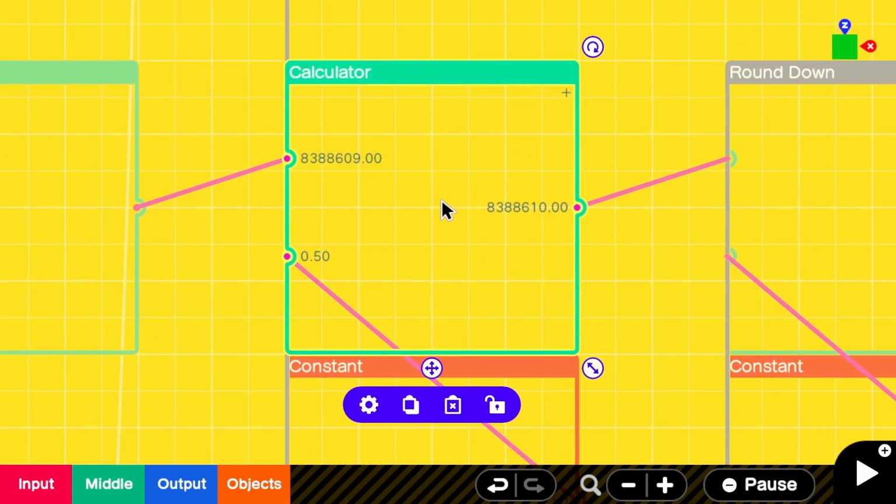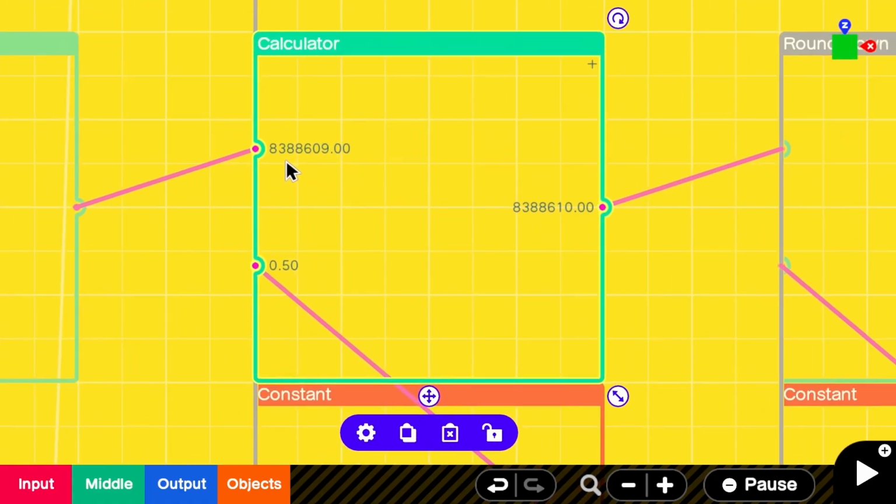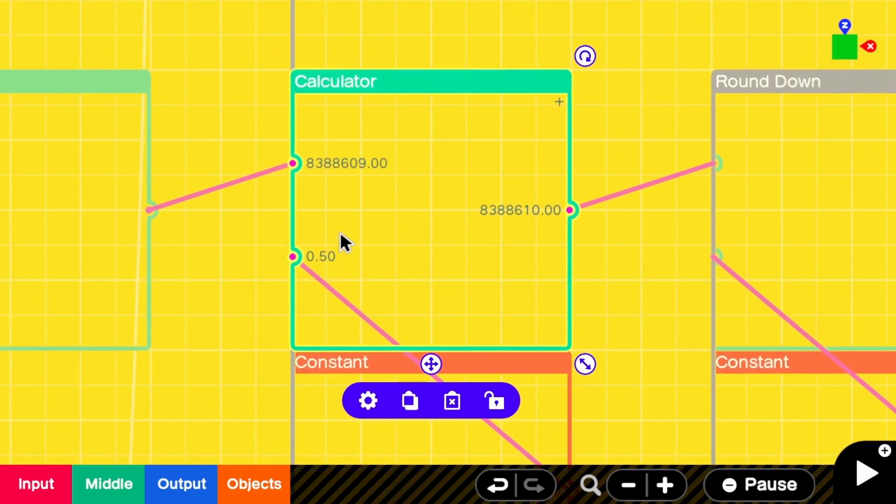The reason it rounded is because the game sees 8388609.5, it can't represent 0.5, so it tries to round to the nearest even number. Now the nearest even number is 10 instead of 9. So during this first step, the value already becomes 8388610.